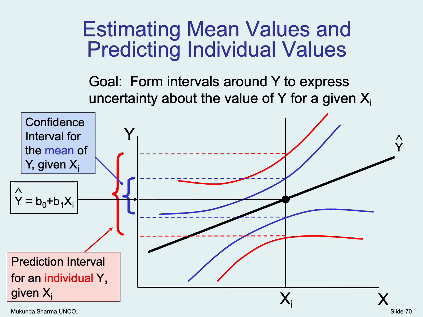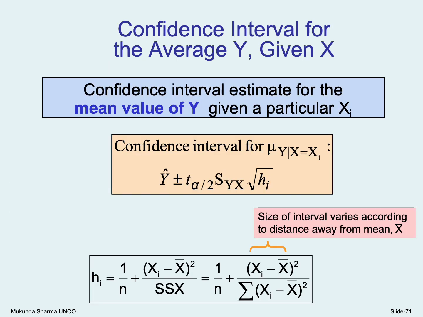Here we can see the graph for different predicted, estimated, and actual values. Here is the confidence interval for the estimate of the mean value of y given a particular value of xi.